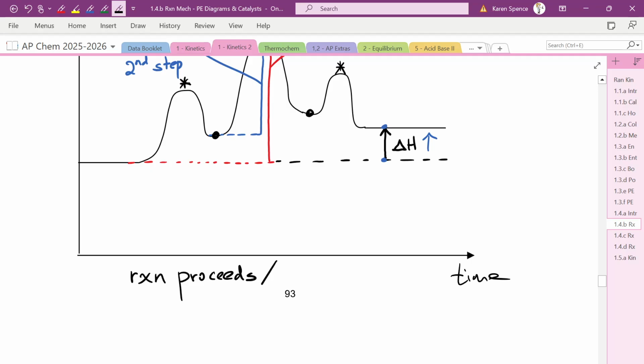I think it's because time implies that you should have like 1 second, 2 seconds, 3 seconds, whereas we're really ballparking where the actual times are. Do you know what I mean? So it's not really time, because this could be 10 seconds and this could be 1 minute. So we'll say the reaction proceeds, or progress of reaction.